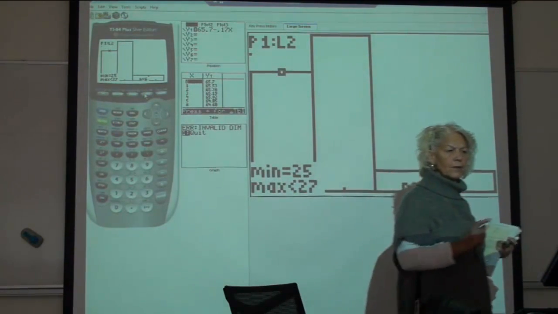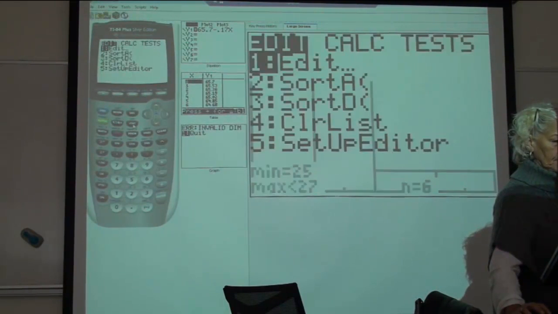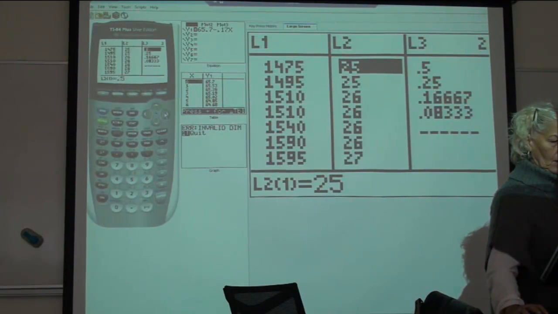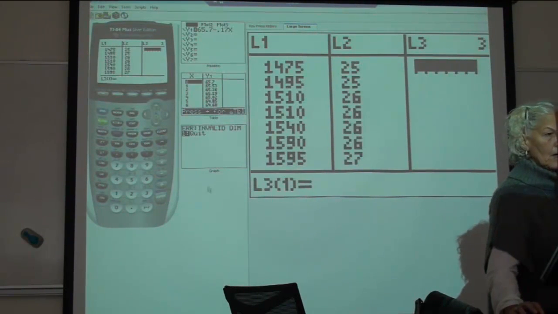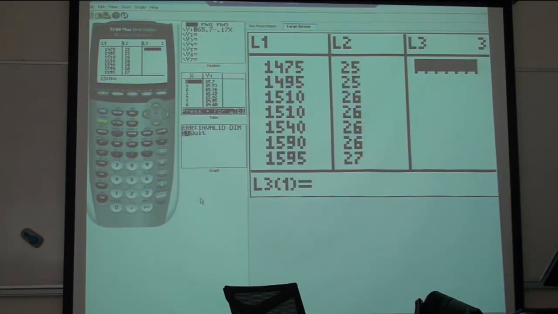So I'm back to entering the data. I'm going to put this in list 3. You understand, I can't write 15-18 and expect the calculator to do something. So I need to find the midpoint.